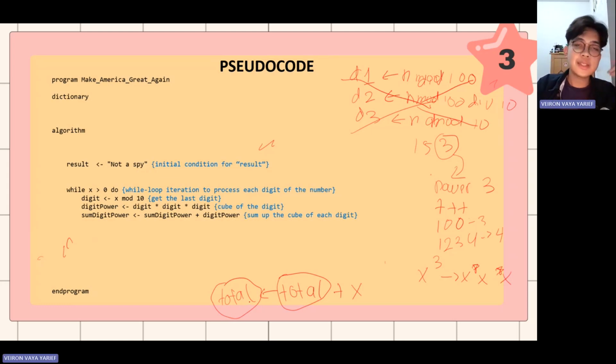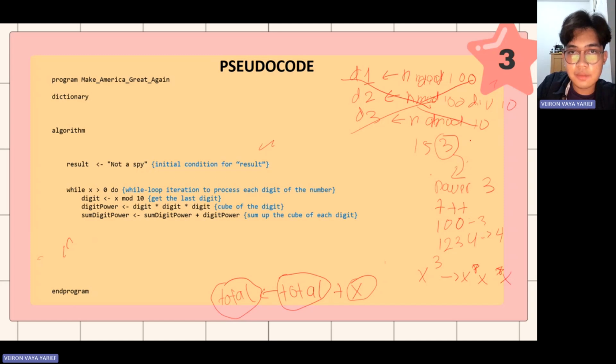It will always be the same template to do summation in a loop. Always two variables updating themselves, right? So sum digit powers is sum digit powers plus digit power. Digit power here is an x, so it's a variable that will change the sum digit powers, which is the total. We want to get the total, right? The summation. So every loop we want to add.